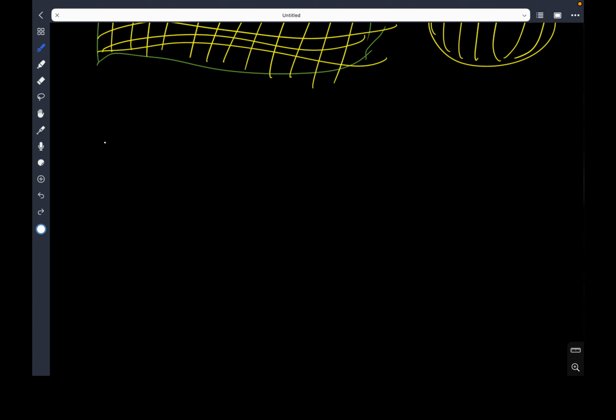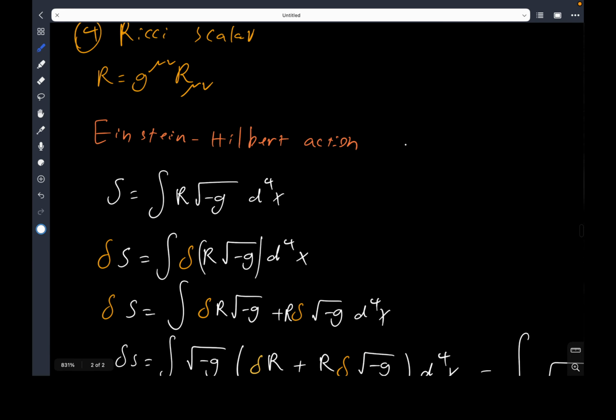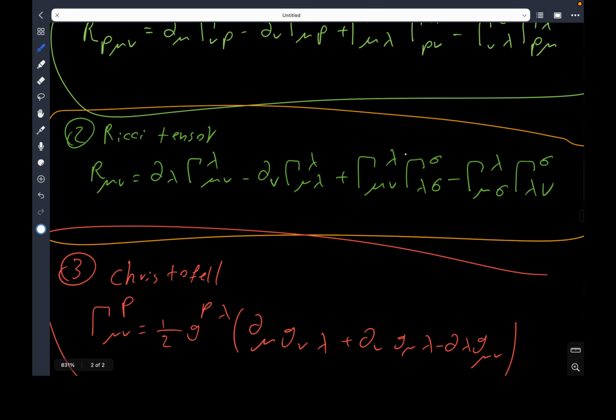So the Riemann tensor is defined as R sigma rho mu nu, which is equal to partial nu, Christoffel symbol of sigma nu rho minus partial nu sigma nu rho, mu rho, sorry. So you might notice that I didn't write the Christoffel symbols, and that's exactly the point.